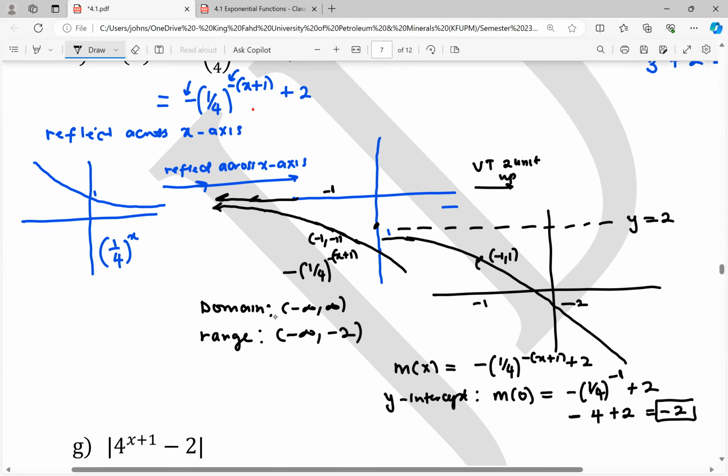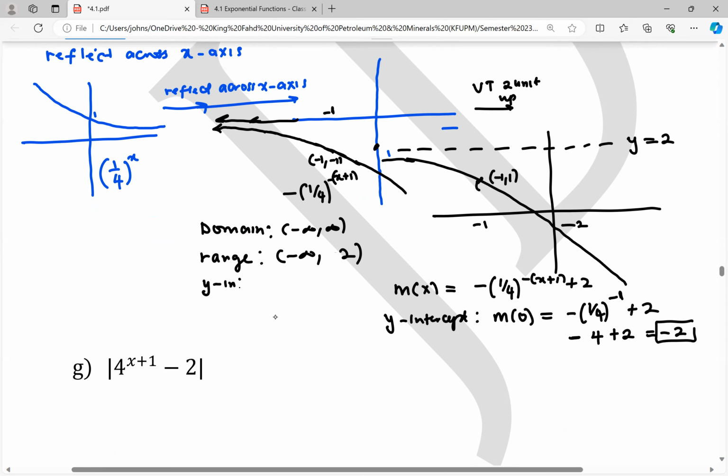Did I say minus 2? It's 2. So it's not going to touch it. But we have the y-intercept already. So our y-intercept is simply 0 and minus 2. And also in this case, we have an x-intercept because the graph cuts.